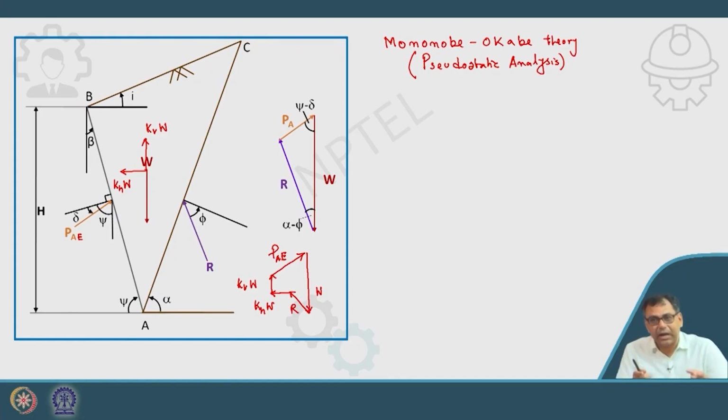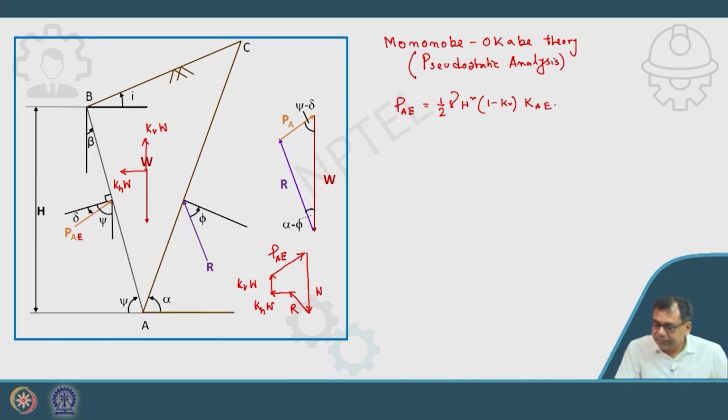So, now if these two forces are applied and represented in this form, and we analyze like we did for Coulomb's theory, then we will finally get the expression of PAE. That expression of PAE is given as half into gamma into h square into (1 minus kv) into KAE.